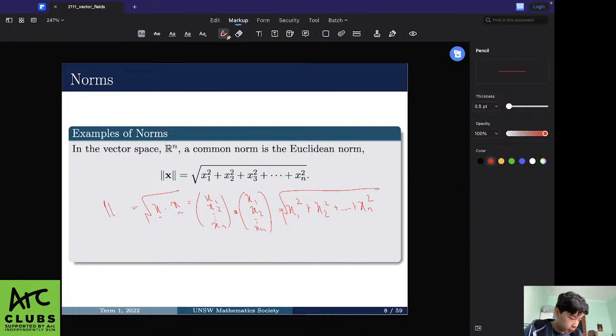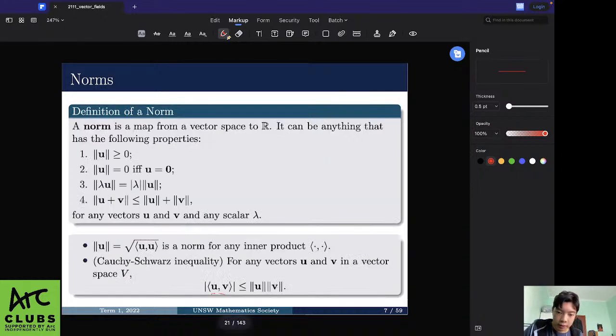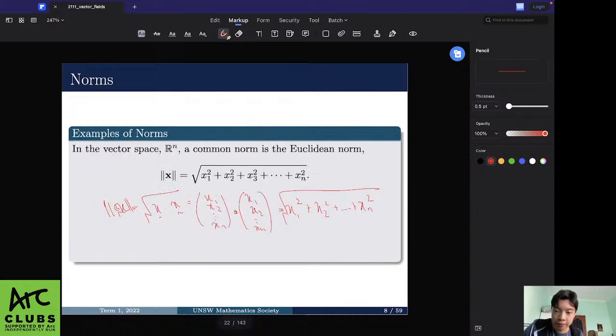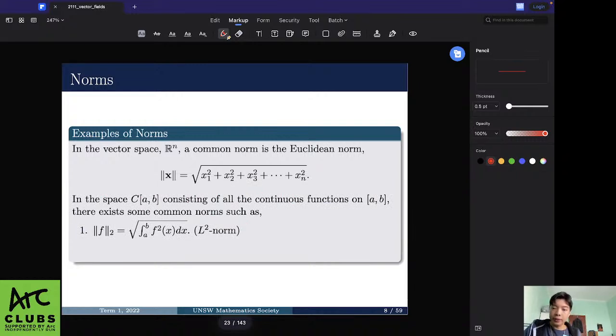So this kind of just shows that this condition is true, where the norm of U can be given by the square root of the inner product of the vector with itself. So we can extend this to our space of continuous functions from A to B. So the norm of a continuous function, f, can be given by the square root of the inner product with itself.